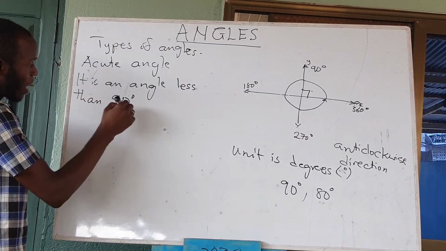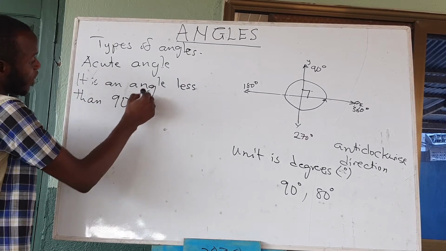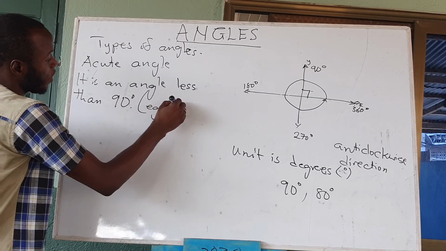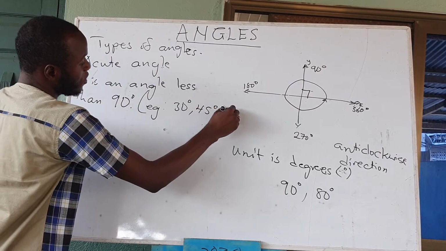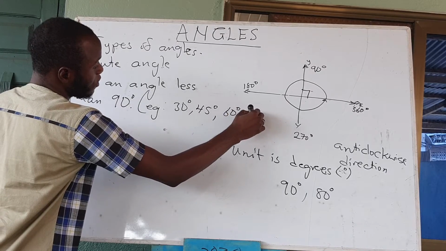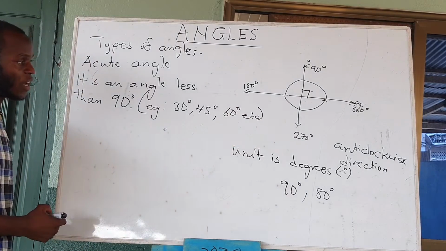If you have an angle which is less than 90 degrees, you have an acute angle. An example is if you have, say, 30 degrees, 45 degrees, 60 degrees, and so on and so forth, then you have an acute angle.